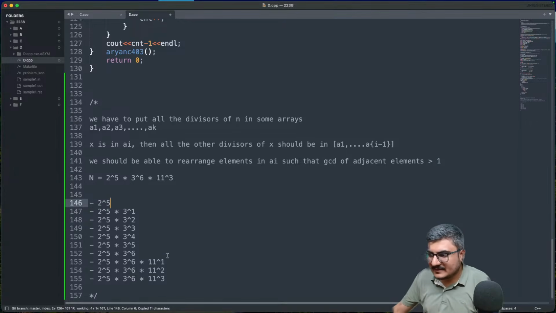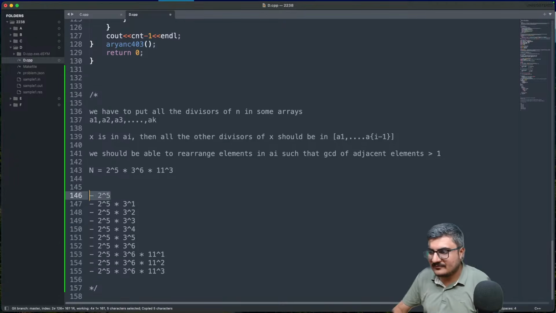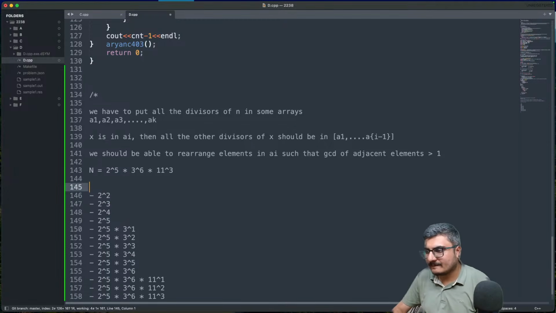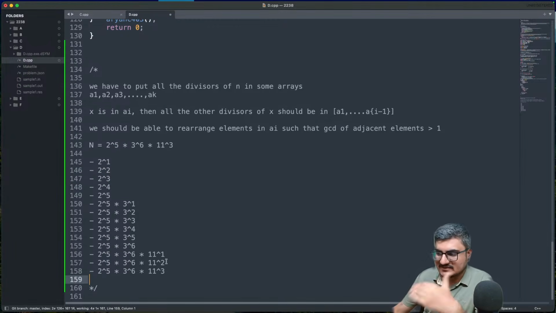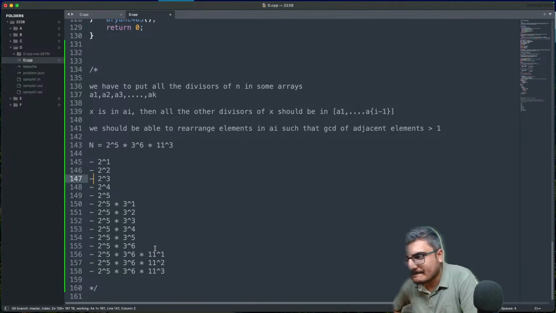These are the layers you will end up finding at a bare minimum. For example, for this number, there should be one layer before it which has 2 to the power 3, because these two numbers cannot be together.